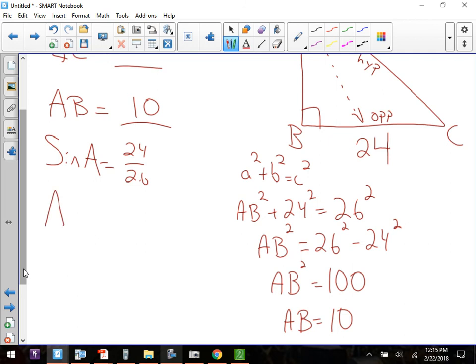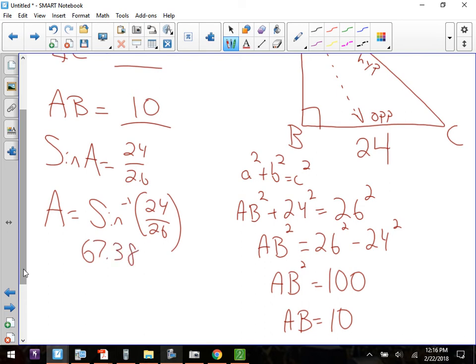So I know that angle A equals the inverse sine of 24 over 26. And then we go back to pressing buttons. I'm getting 67.38. Yeah.